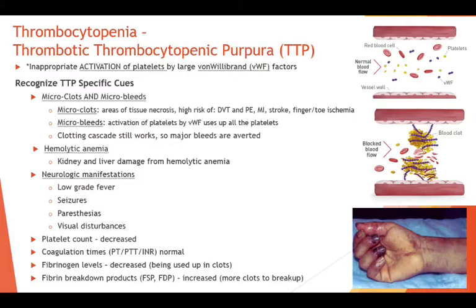Now remember, when platelets are activated, they're one and done. Once they become sticky, they get used up. Because these large von Willebrand factors are circulating around in our bloodstream, and platelets are attracted to activate by these long chained factors, the platelets get all activated and clump up on top of these von Willebrand factors and create a clump called a microclot.